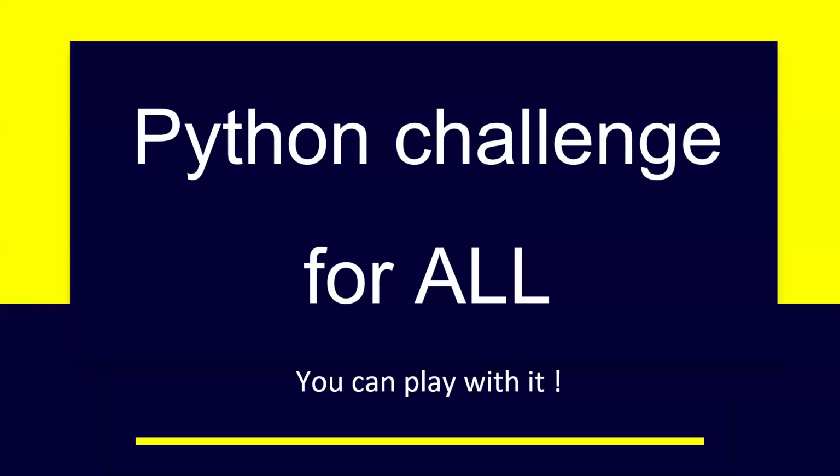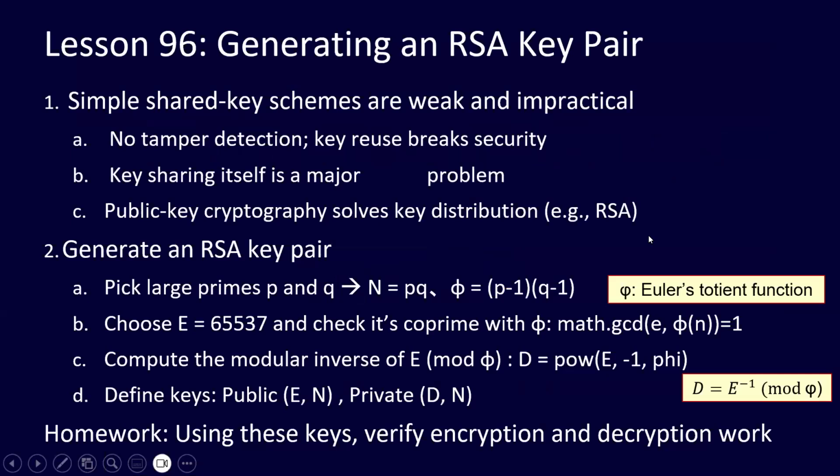Okay, so last time we tried to see how we can generate an RSA key pair, which is used for public key cryptography. Just briefly, we summarize. Pick two large primes, P and Q, calculate n and phi. Phi is Euler's totient function.